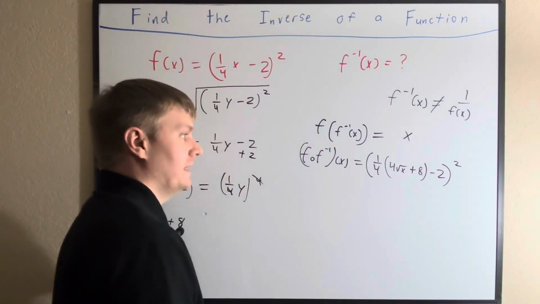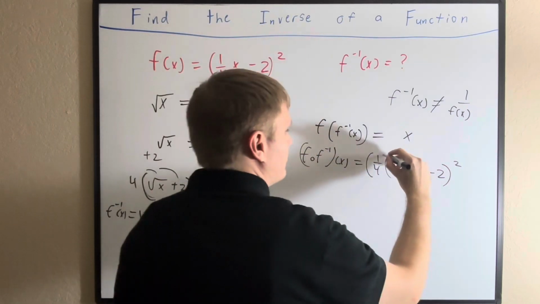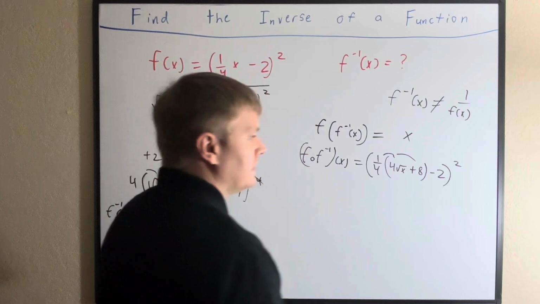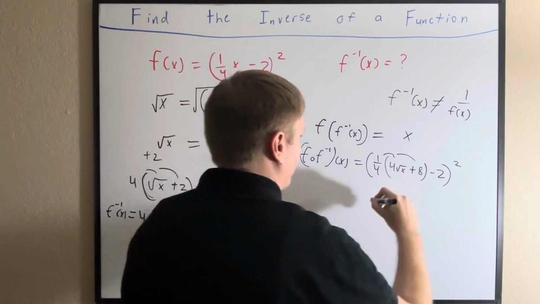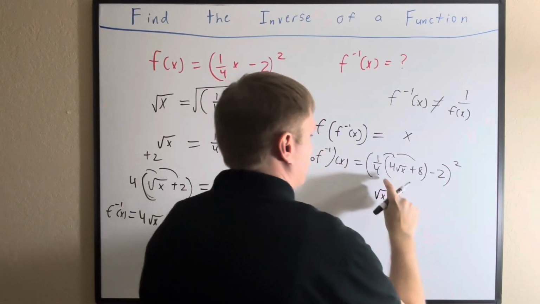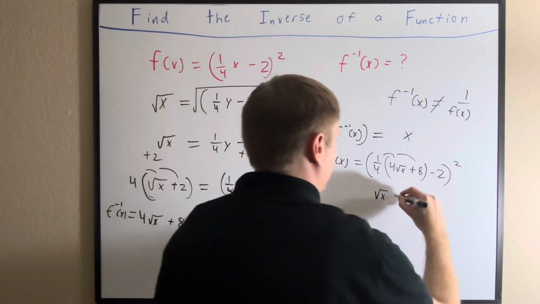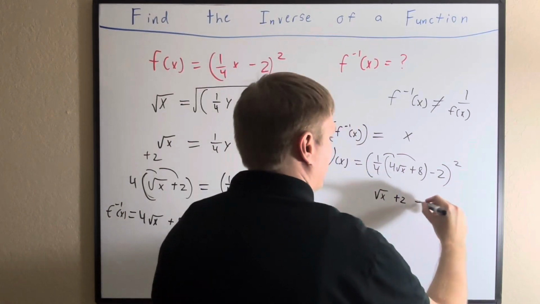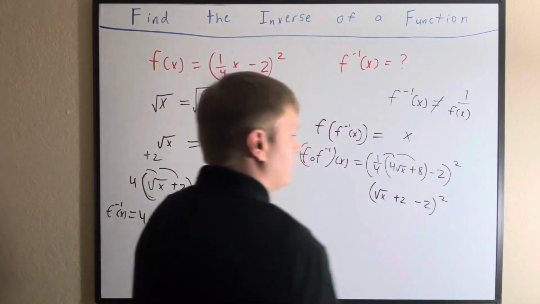I think you'll find this math to be kind of easy. 1/4 distributed into the parentheses, right? That's what we do first. 1/4 times 4 is 1. Square root of x. 1/4 times 8 is 8 divided by 4, which is 2, right? Minus 2. And still everything is squared.